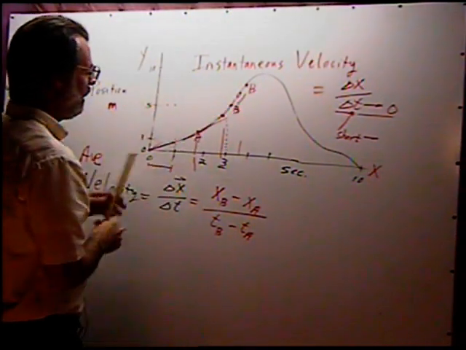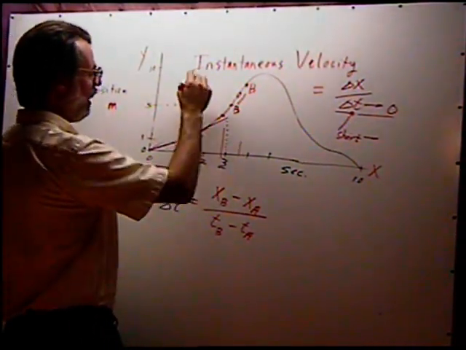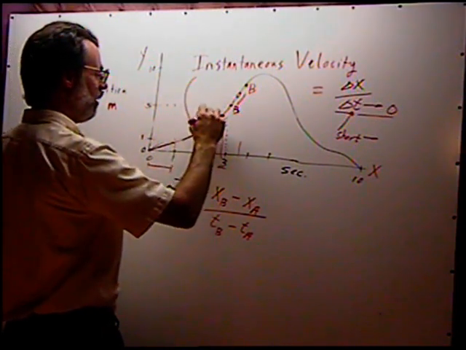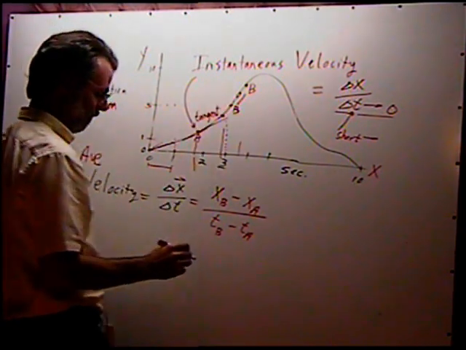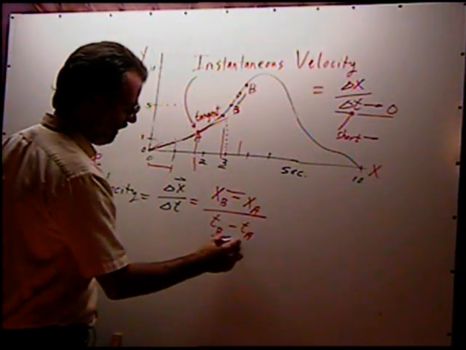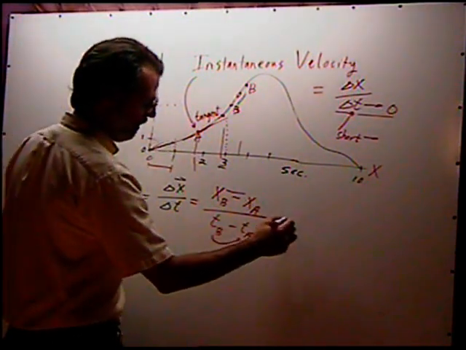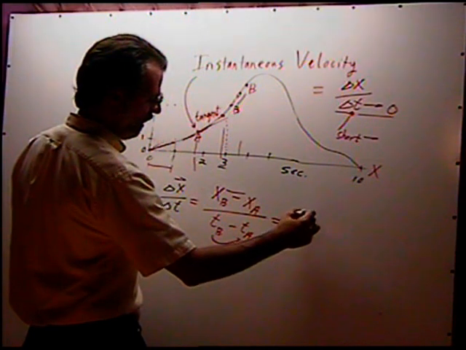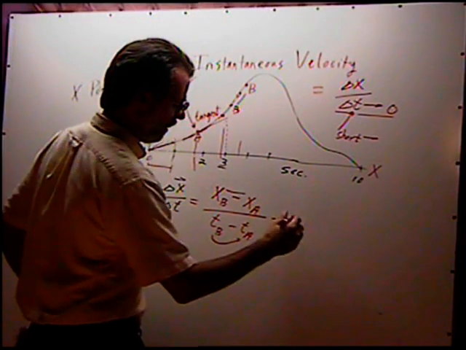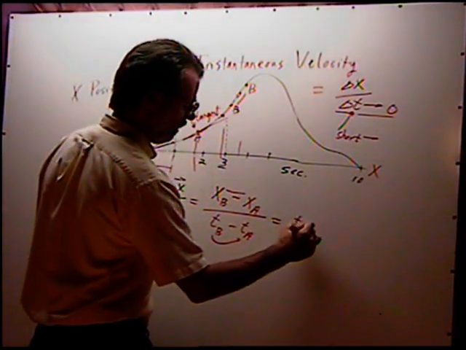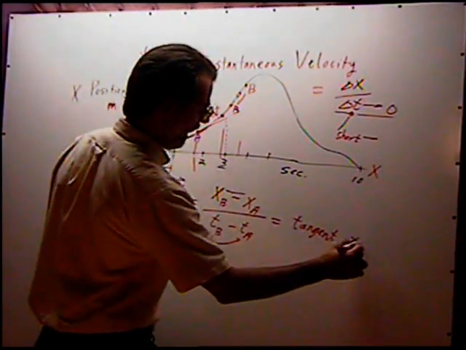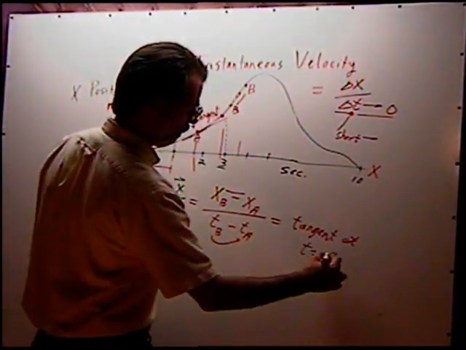So in the limit, the instantaneous velocity becomes the tangent to the point at A. So if I let B slide down to get really, really close to A, this essentially becomes the tangent of this curve at t equals A.